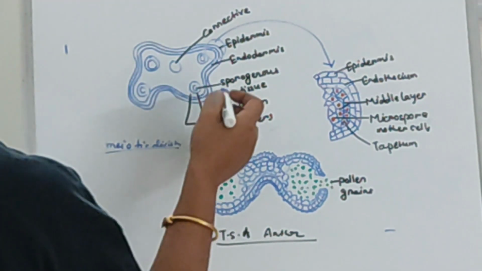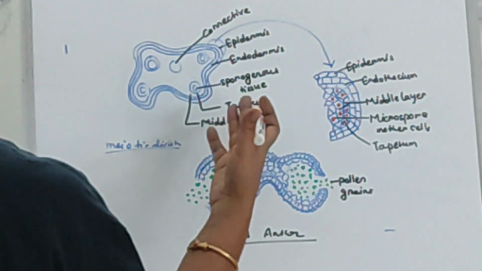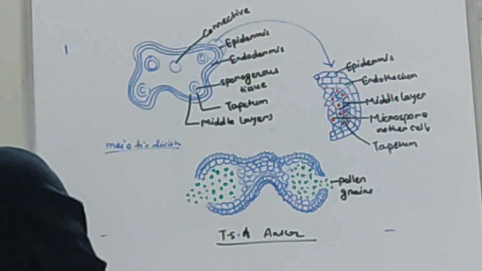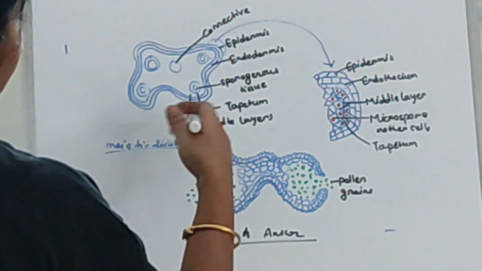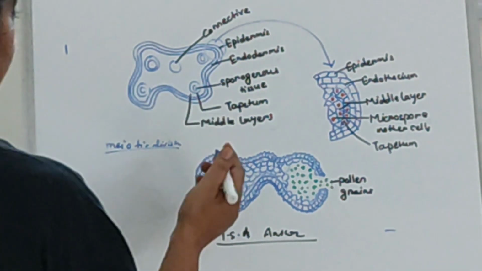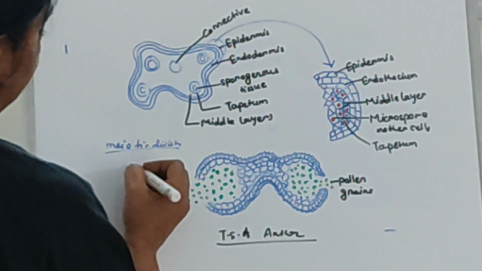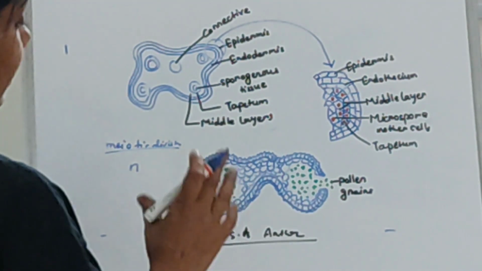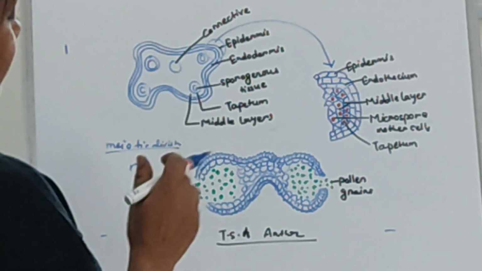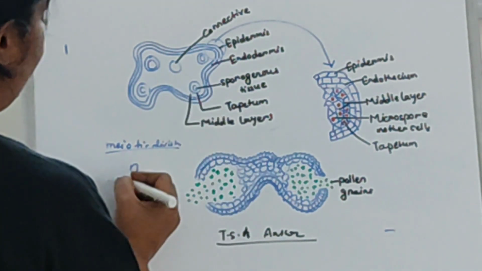Now when they go through meiotic division to form microspore tetrads, what will their ploidy be? They will all be N. When these N gametes take part in reproduction again, they will become 2N.